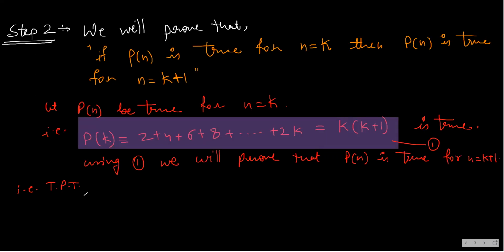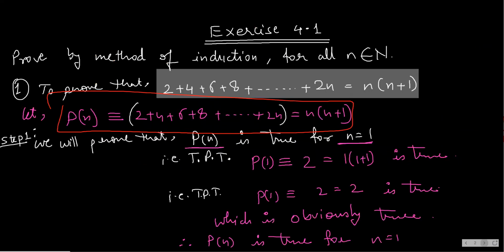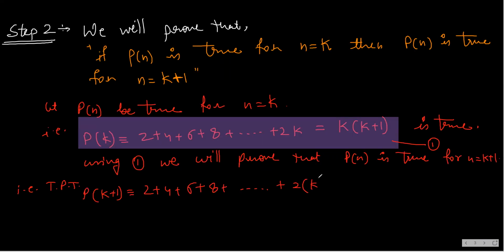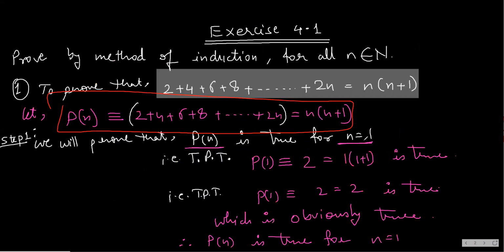That is to prove that P of k plus 1, which is 2 plus 4 plus 6 plus 8 plus dot dot dot plus 2 times k plus 1, is equal to k plus 1, and when I write k plus 1 here, inside the bracket I get k plus 2.